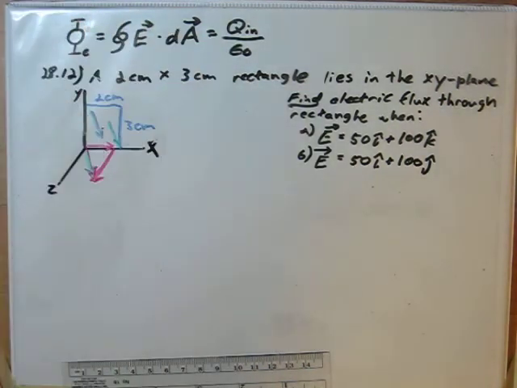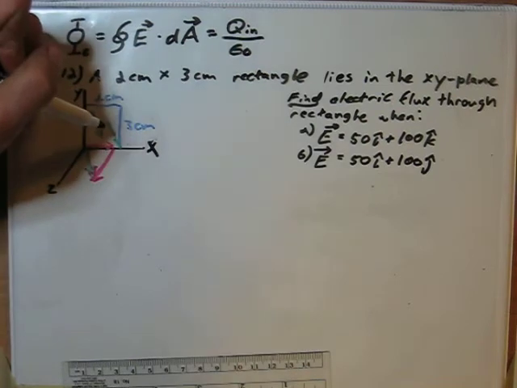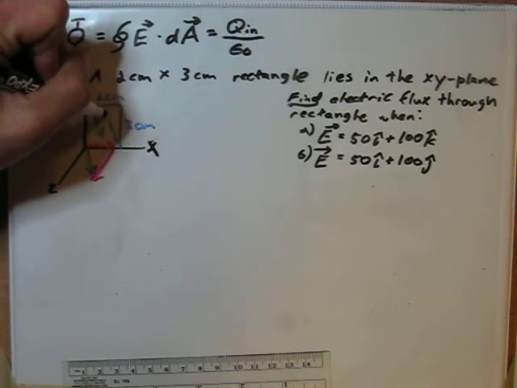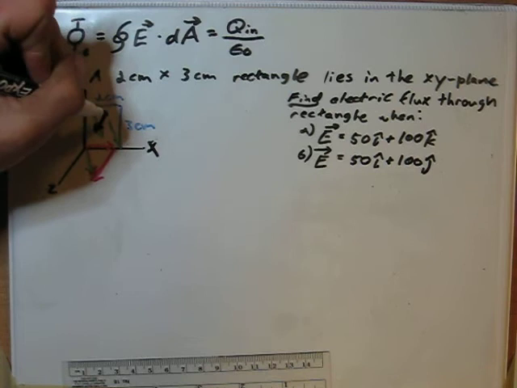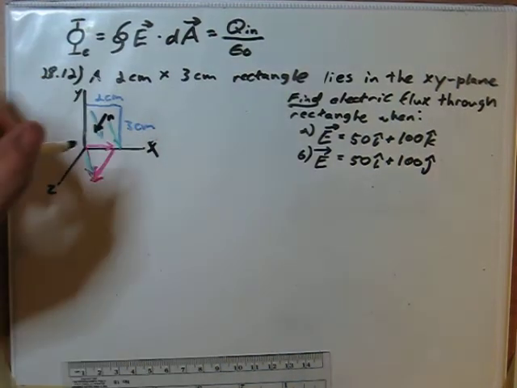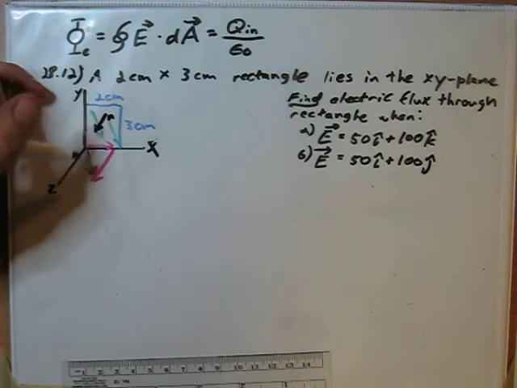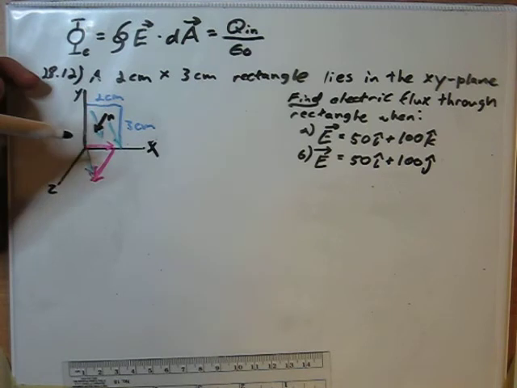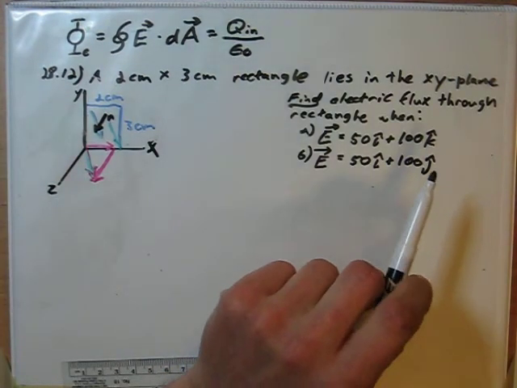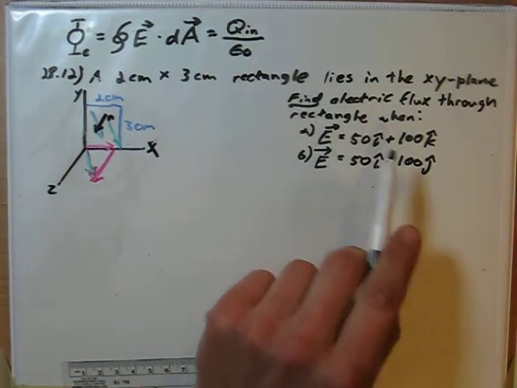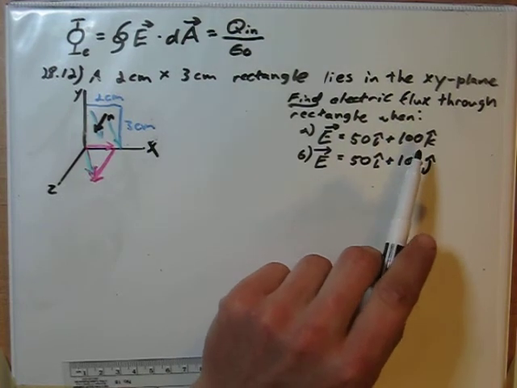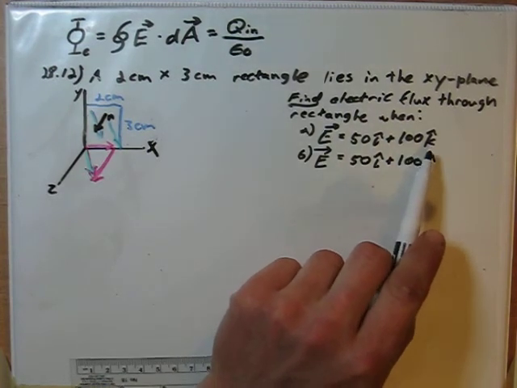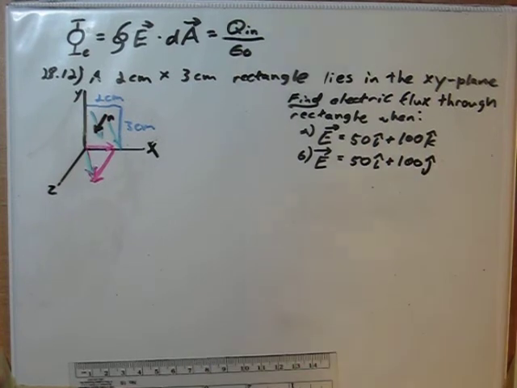Within this enclosed surface, what we really mean is we're interested in what's going through the surface. So what is the component normal to this surface? Well, since this is in the xy plane, it's going to be in the z or k hat direction. So if we're going to break our E field up into components, we're only really interested in values in the k hat direction.